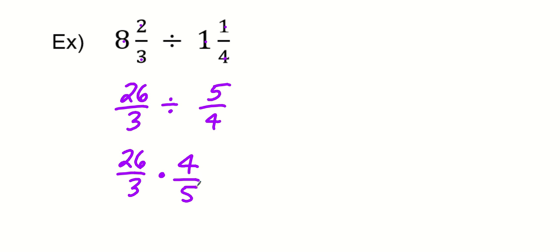so leave, change, flip, or in other words, sorry to be a broken record, dividing by a fraction means multiplying by its reciprocal, or refliprical. And now, can you do this in your head? I mean, I can, but you might need to grab a calculator. 26 times 4 is 104, I believe. Oh my gosh, I feel like I need to grab a calculator myself, maybe. 26 times 4 should be 104. Yell at me when you see me if I'm wrong.